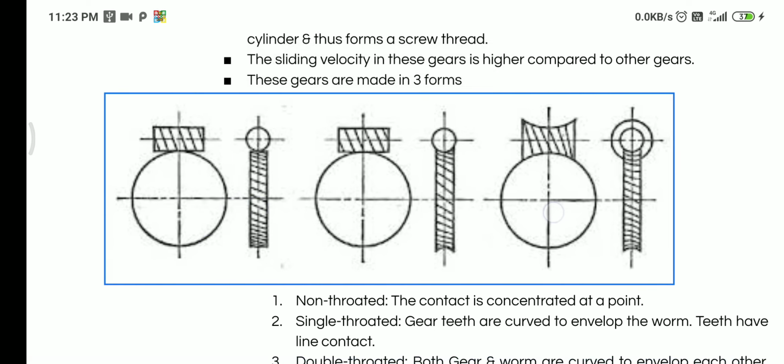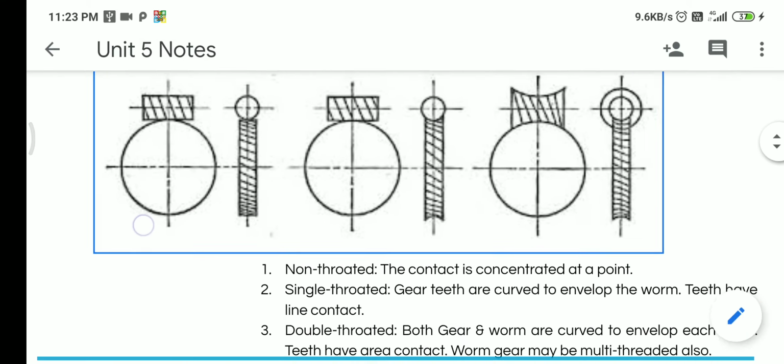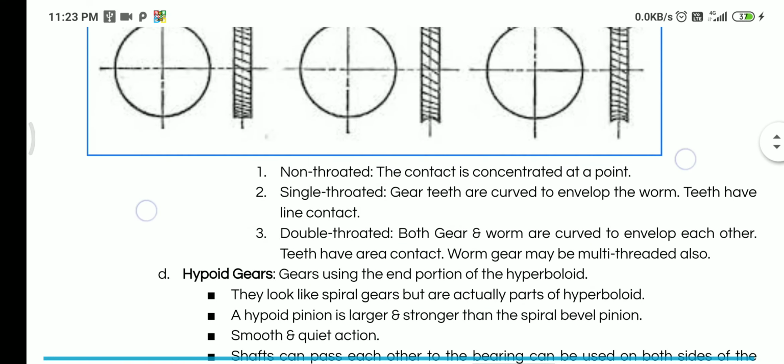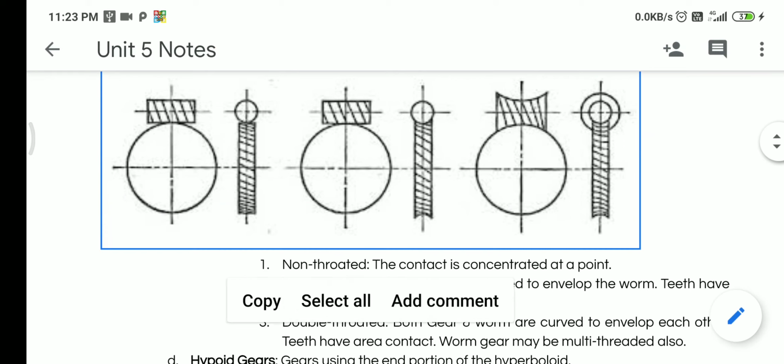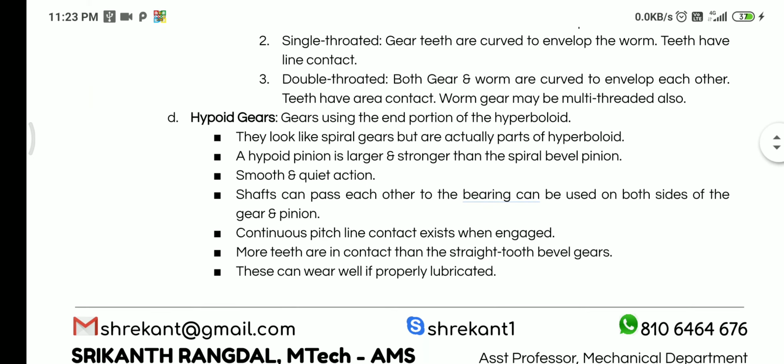And the third type has the maximum amount of friction generated due to more surface rubbing action, and that is not very good for the gear.